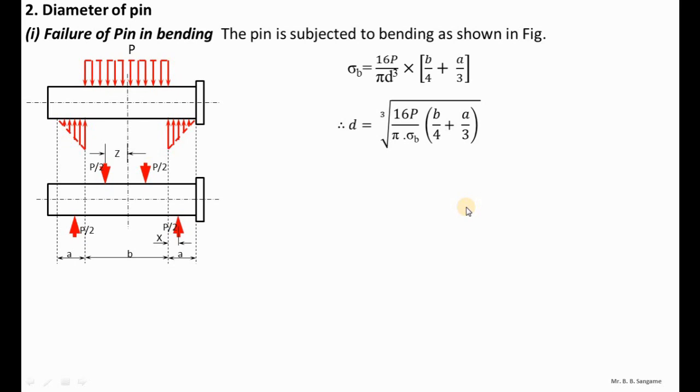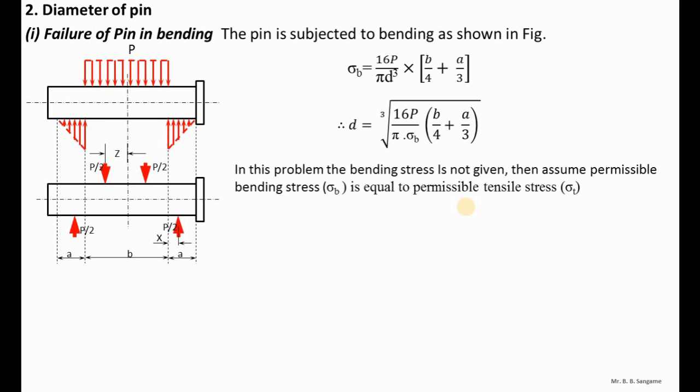If sigma B is not given, we can consider sigma B equal to the permissible tensile stress sigma T, because we know that during bending a few fibers are subjected to tensile stress also. Okay, so here I'm going to assume that sigma B is equal to sigma T, because the permissible bending stress is not provided. So sigma B is equal to sigma T, which is equal to 85 Newton per mm square.